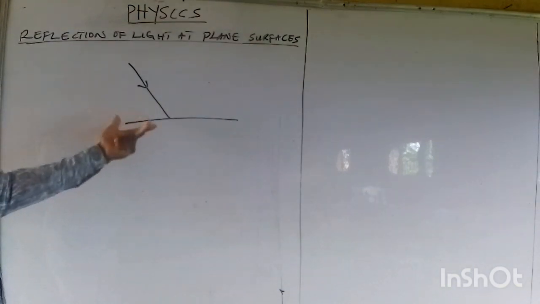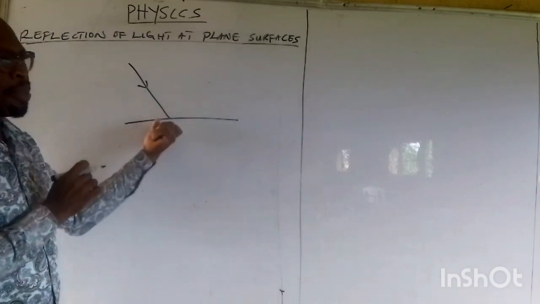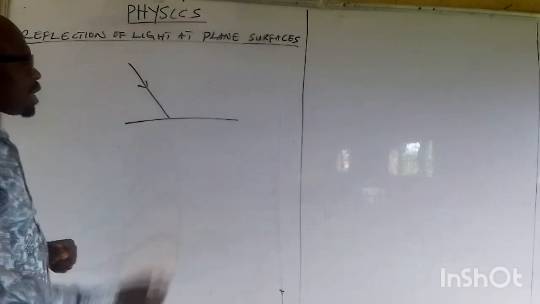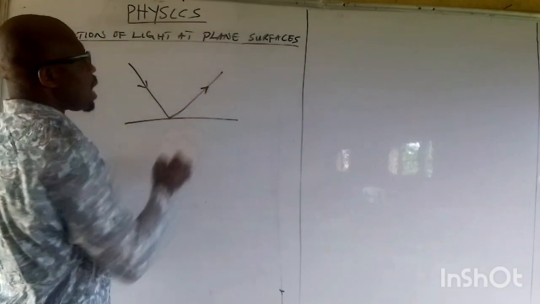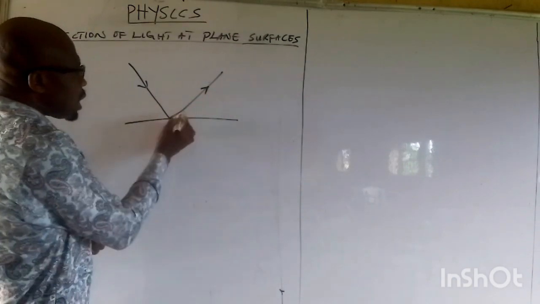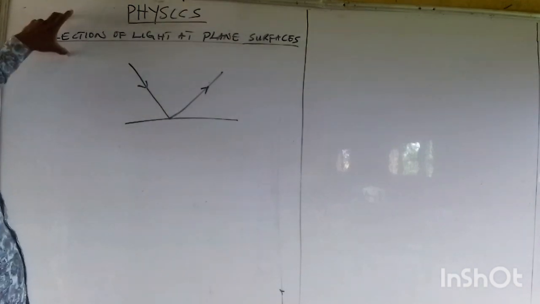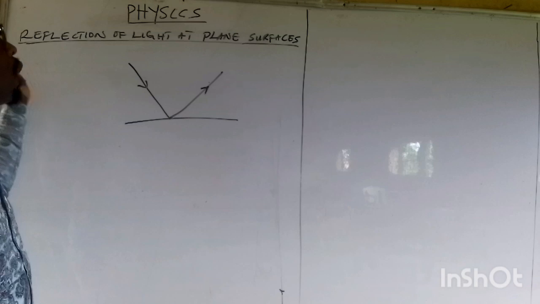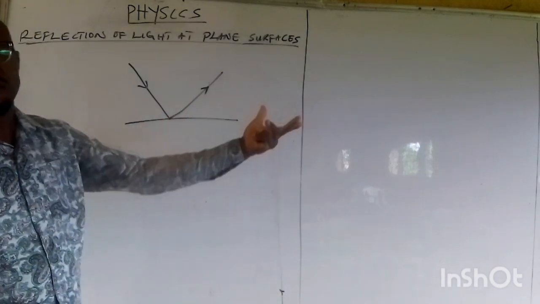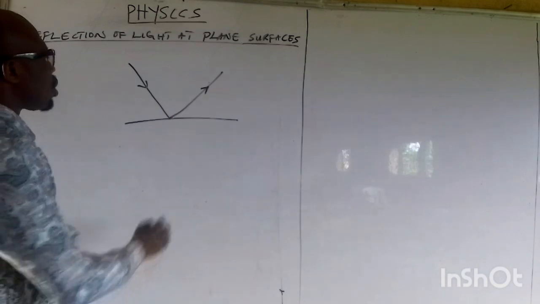Number two, some portion will be absorbed by the surface, and number three, some part of it will be thrown back. Our interest today is this portion that is thrown back, which is reflection. So, in other words, reflection is nothing but the throwing back of incident light from a plane surface.